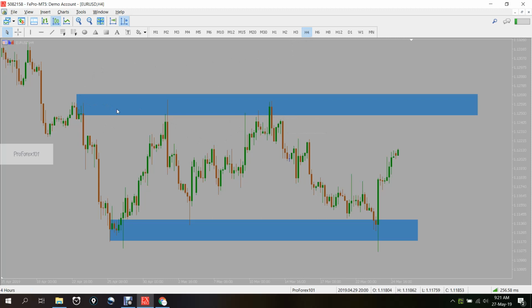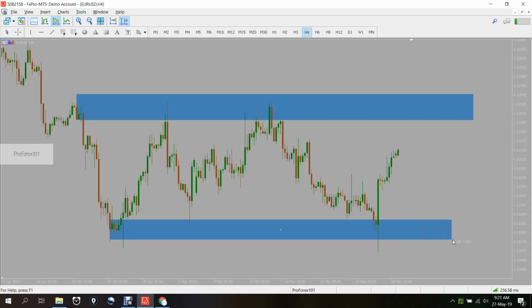This is the 4-hour chart on my euro dollar, and we had the top of the range here and the bottom of the range here, and we had seen this rejection come off the bottom of the range, and we wanted to get into a trade along these support resistance lines, somewhere in here. We said it's not an area that's hard coded, it's an area that can change with how the market moves. So it was somewhere along in this area.